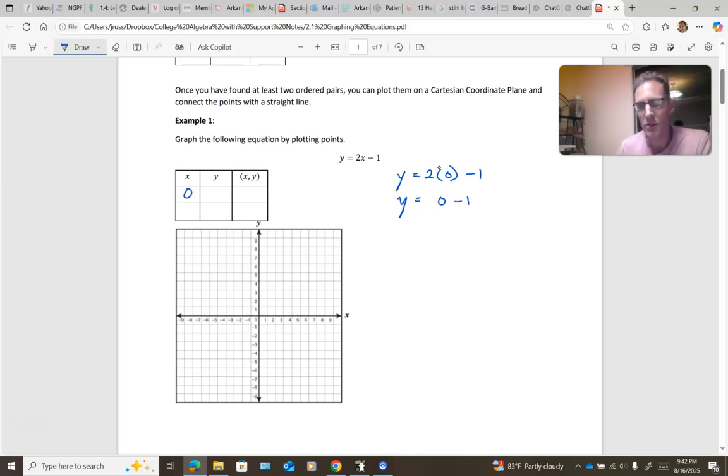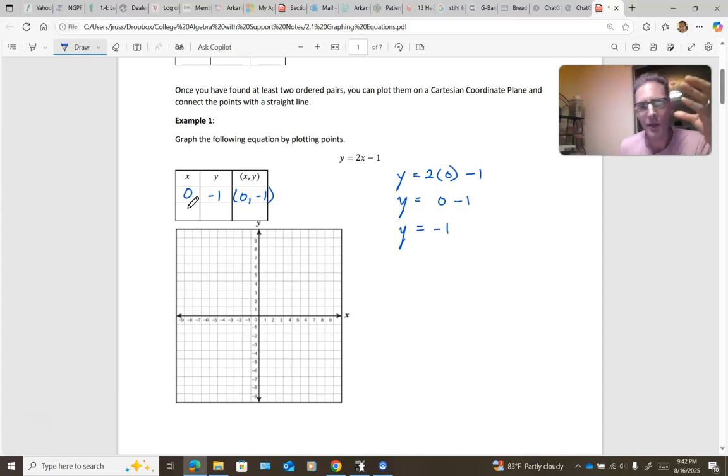And then 0 minus 1 is negative 1. So that corresponding value of y is -1. And so I'll put that here in my chart. So this just means that whenever x has a value of 0, y will have a corresponding value of -1. And that gives us this ordered pair, 0, -1. Now I'm going to pick another value for x.